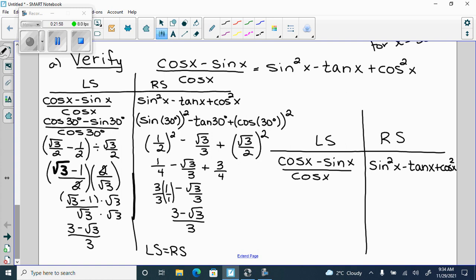So sine squared x plus cos squared x is actually 1. I don't need to rewrite this side. So that it actually looks better, I can go sine squared x plus cos squared x minus tan x. This becomes a 1 off your formula sheet, minus tan x. And then I assume people are going to go sine x over cos x.